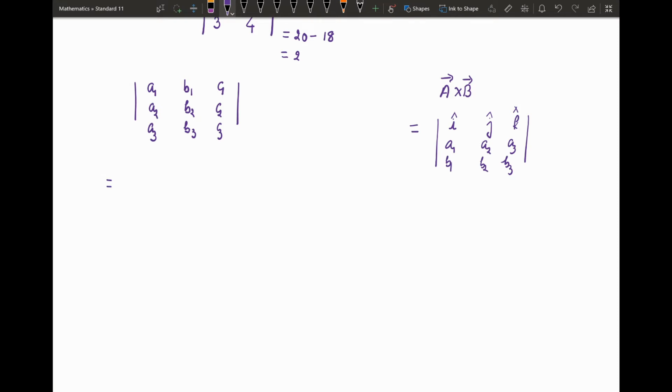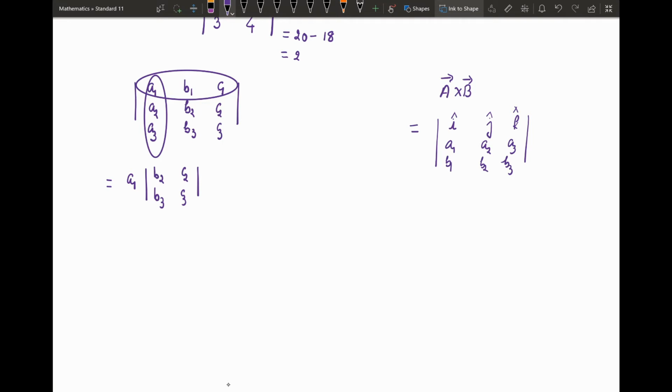The value of this 3 by 3 determinant is A1 into the 2 by 2 determinant B2, C2, B3, C3. First, A1 into the 2 by 2 determinant. Which 2 by 2 determinant? You leave the column and row in which A1 lies.